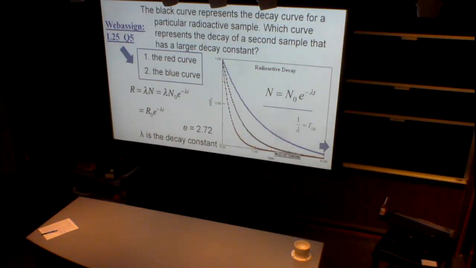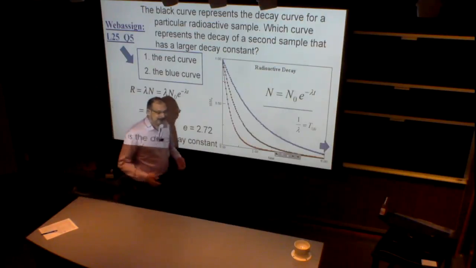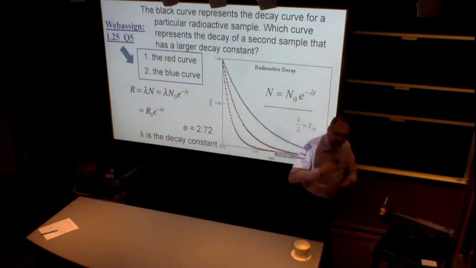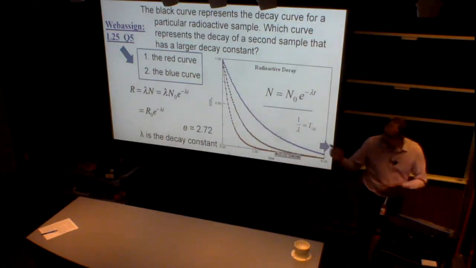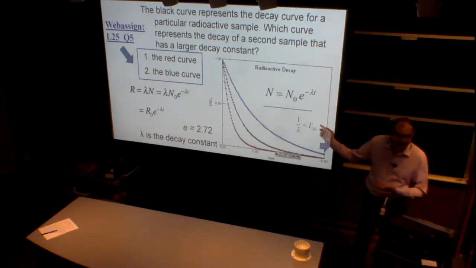Decay constant, of course, is not very intuitive, but lifetime is more intuitive. If the decay constant is larger, that means lifetime is short. Which means a large decay constant means the number of elements decreases faster; it takes less time to get from the initial to a third of that.